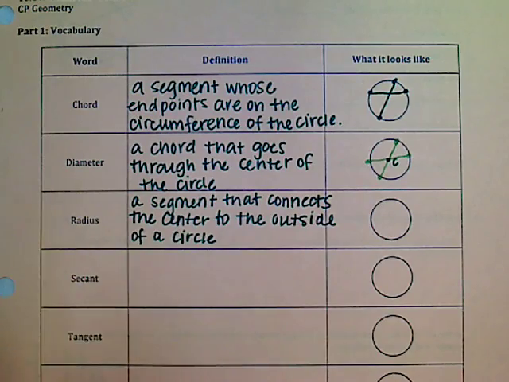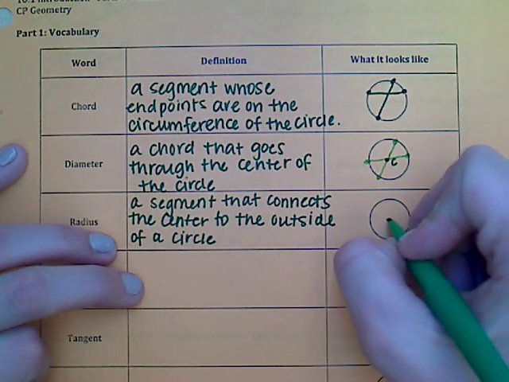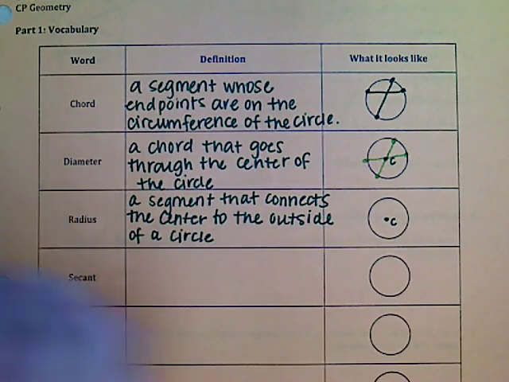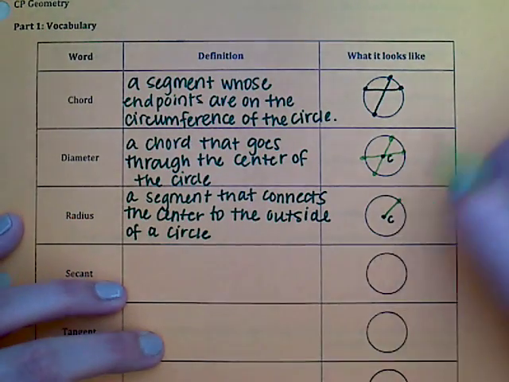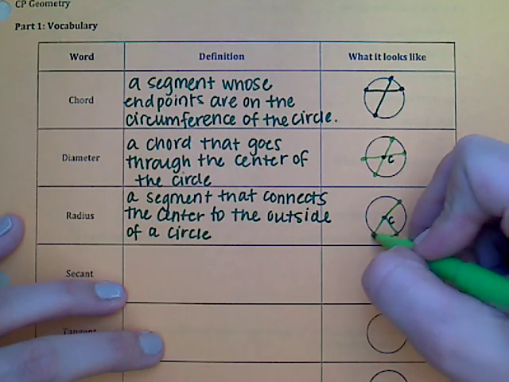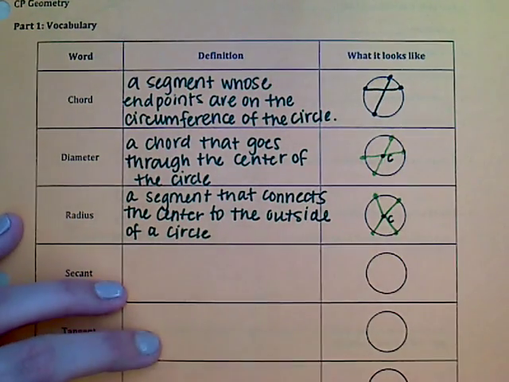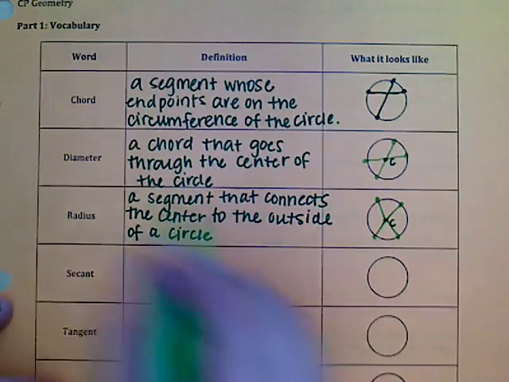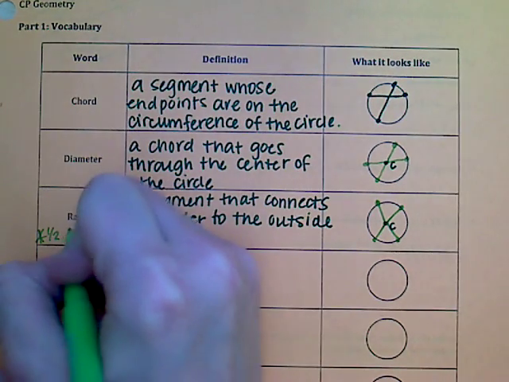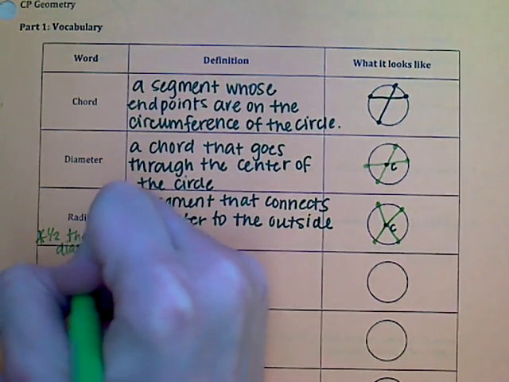So it connects the center to the outside of a circle. Again, a radius is something you guys have definitely heard of, but maybe just not in this definition. So if there's my center, a radius goes from that center to the outside. And I could draw a ton of those on one circle. Another thing you guys probably know is that a radius is half the diameter.